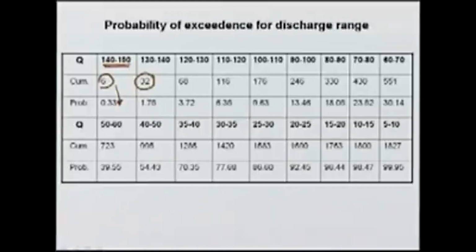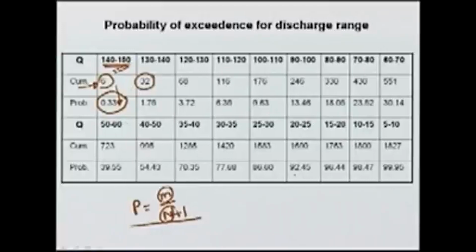This probability P is m over n plus 1, where m represents the cumulative total and n represents the total number of records, in this case 5 years. So, dividing this cumulative number of days by the total number of records plus 1, we get a probability of 0.33% for discharge to be within the range of 140 to 150.